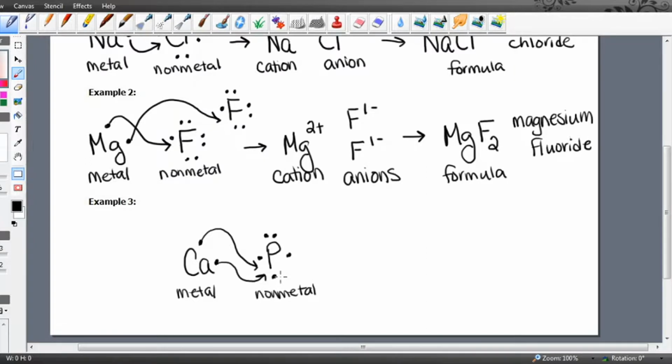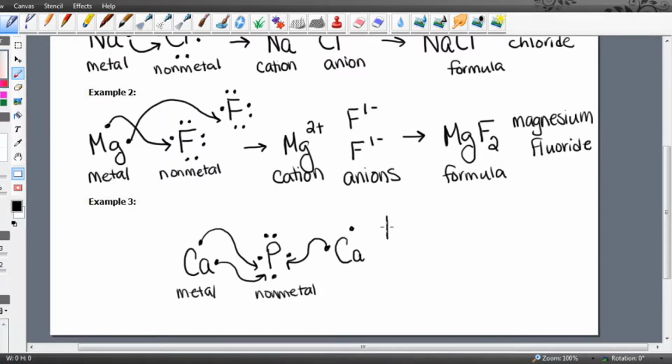So how do I satisfy that? I'm going to have to bring in another calcium with its 2 valence electrons. So the calcium will donate to the phosphorus. Now this phosphorus atom is satisfied, but this calcium is not. So how am I going to satisfy that?